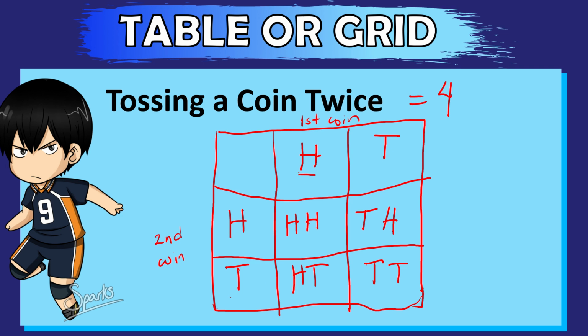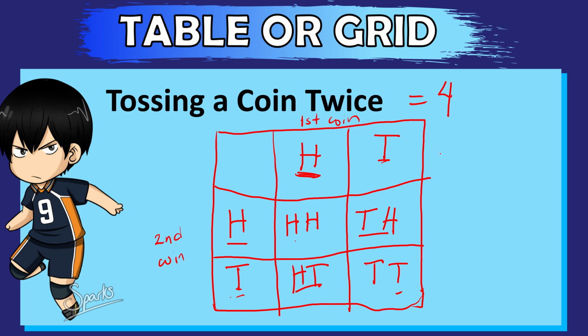Intersection lang po. First coin, second coin, HH. First coin, H. Second coin, tail, HT. First coin, tail. Second coin, head. So, TH. Then, both coins, first coin, tail, and second coin, tail. Kaya both are tails.